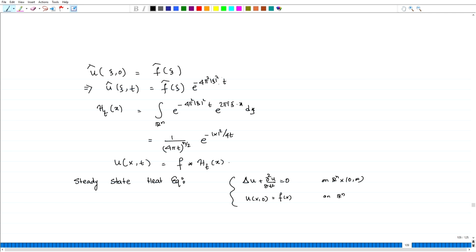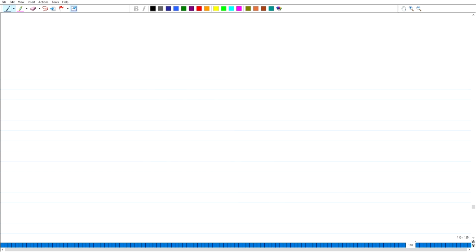Now again, by the same method, what we get is that u hat of xi comma t plus del square by del t square of u hat of xi comma t is equal to 0.